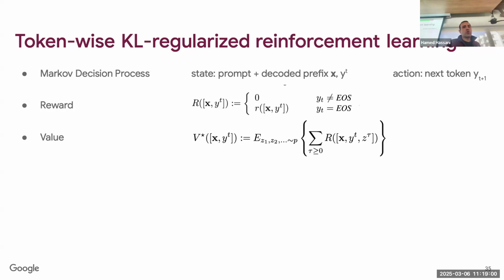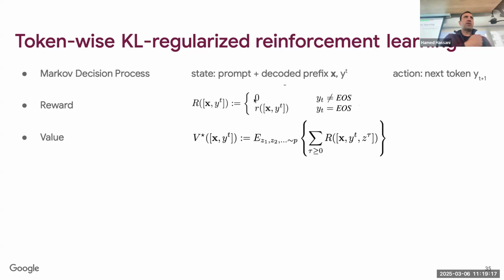For that, we're also going to define what's a value function. So what's a value function? The value function is going to determine the reward that I'm going to get at the end if I keep decoding from a given state, right?